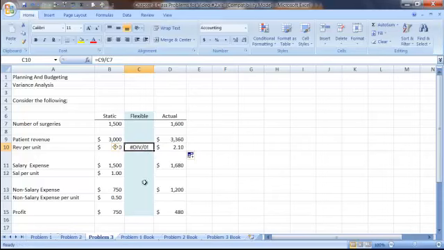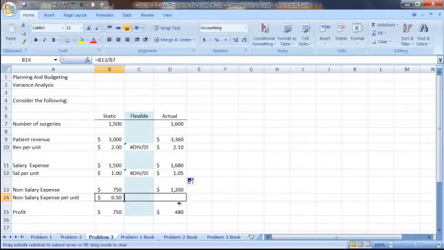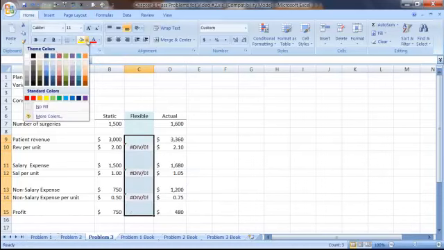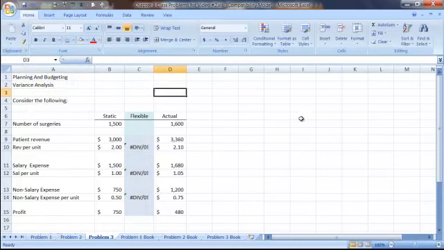Don't worry about that, it'll go away in a moment. All I'm doing is grabbing the corner and pulling it, and that copies it. And I'll make this all blue again. Perfectionist.